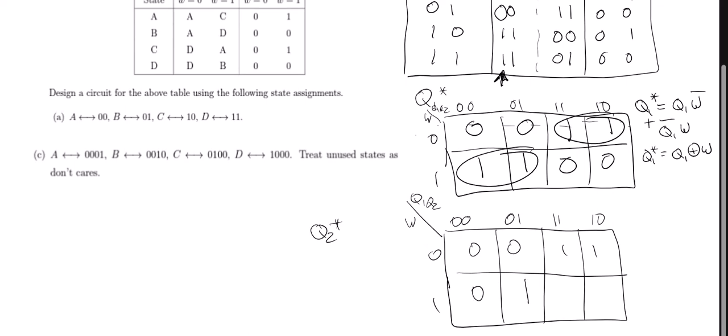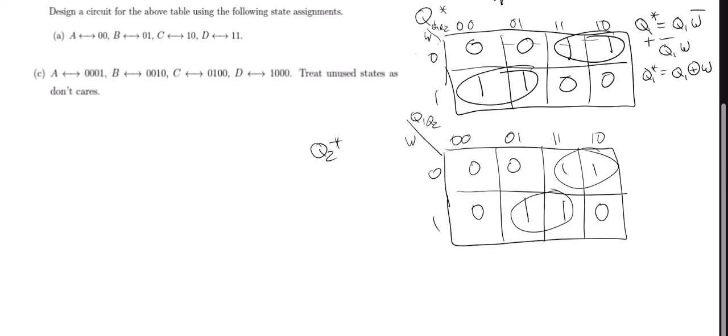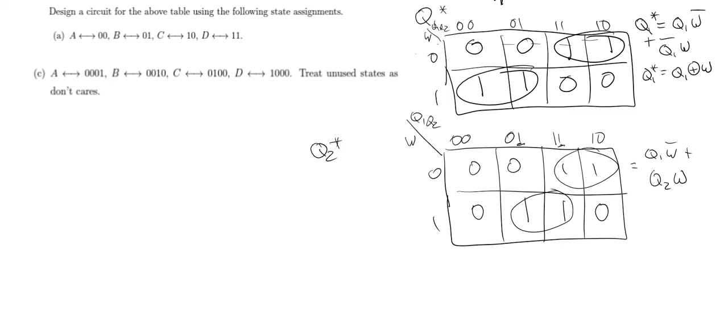For 1, 0, it's 0. And for 1, 1, it's 1. So this equals Q1 W bar, just like before, plus, and now this one has Q2 equaling 1 and W equaling 1. So it's Q1 bar and Q2 W.